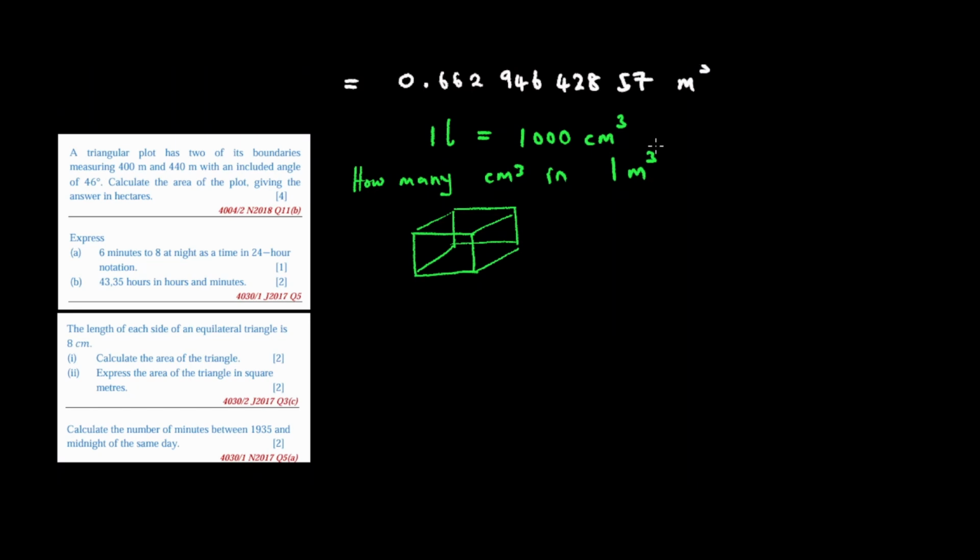Saka 1 cubic meter tenge tichiti 1 meter for the length, 1 meter of a width, 1 meter of a height. Tikati 1 meter times 1 meter times 1 meter, tinowana 1 cubic meter.